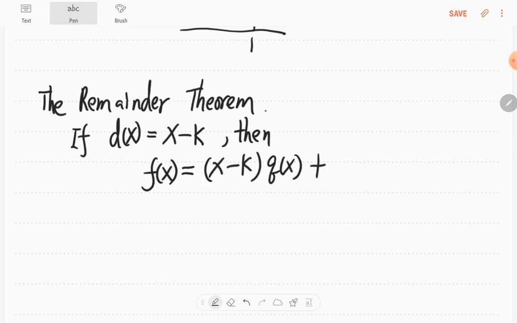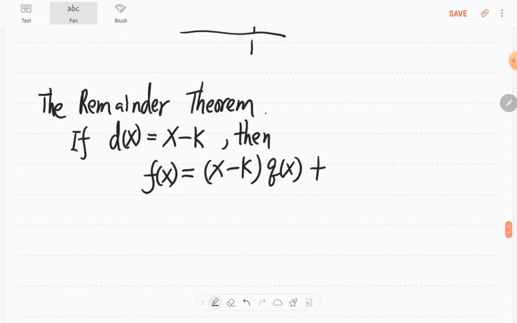Because the degree of the divisor is 1, the remainder should be a constant, right? Because the degree should be 0, that means there's no x term, so it must be a constant.